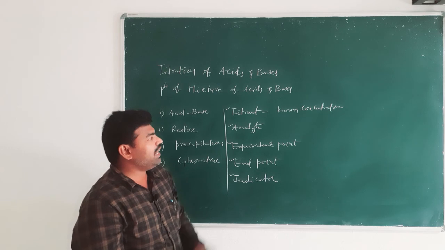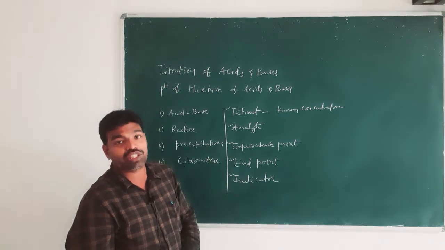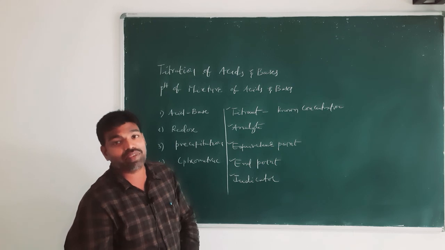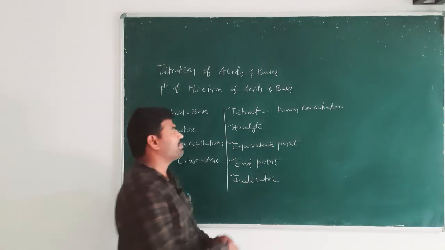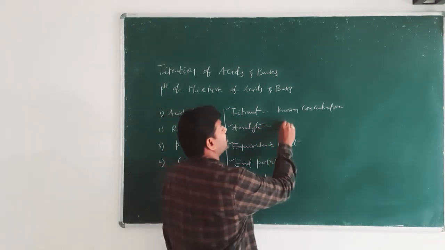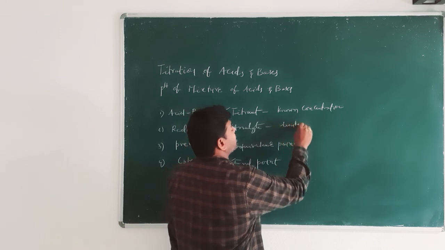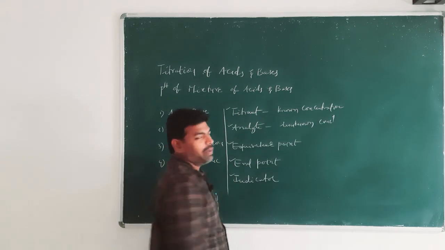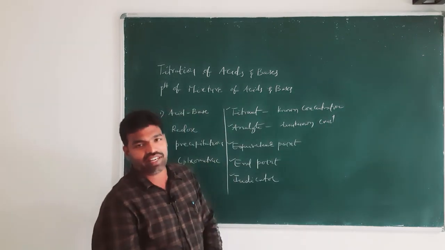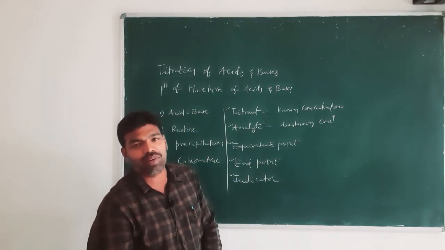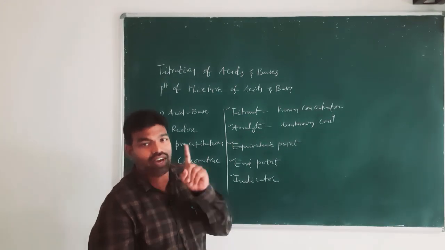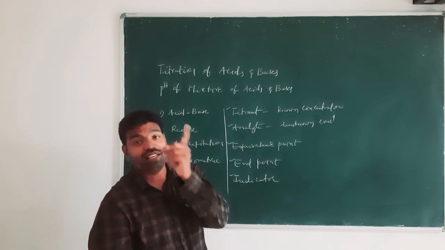Analyte is the solution that is being analyzed, that is, whose concentration is unknown. So by definition, titration is a volumetric method by which we can estimate the concentration of one if the other is known.